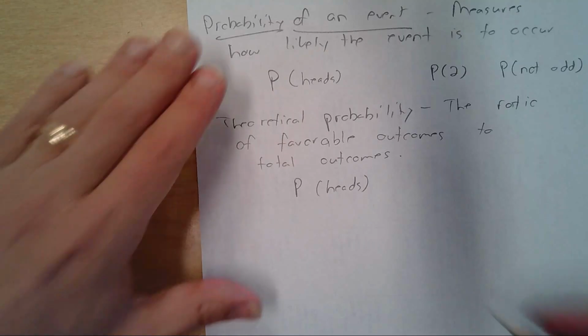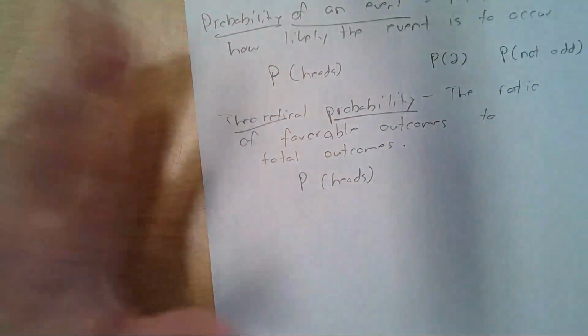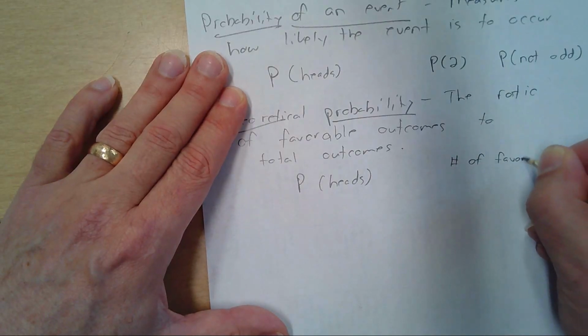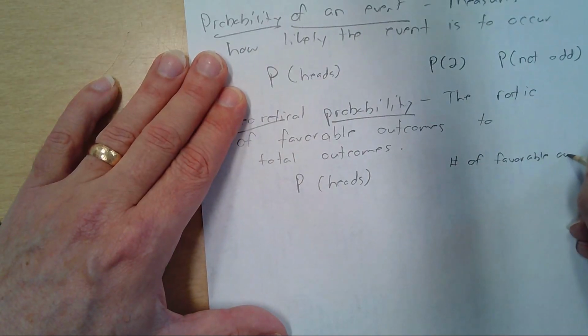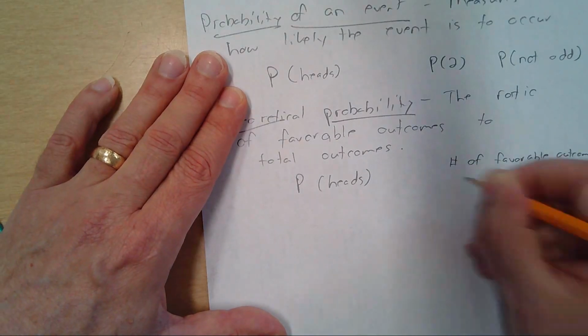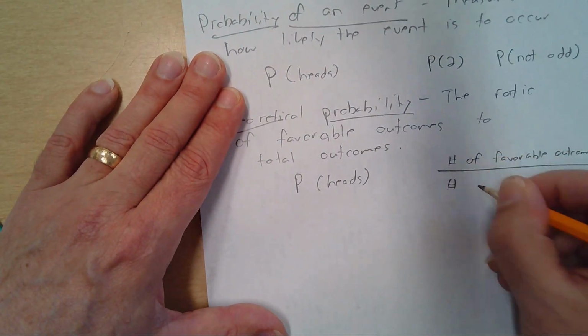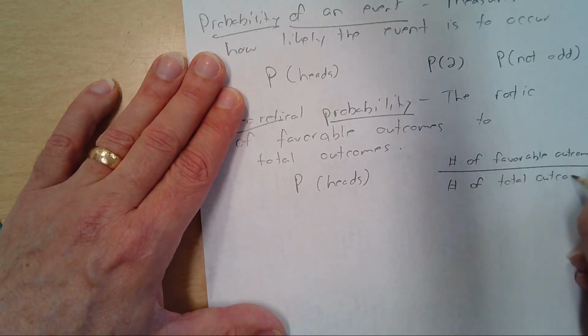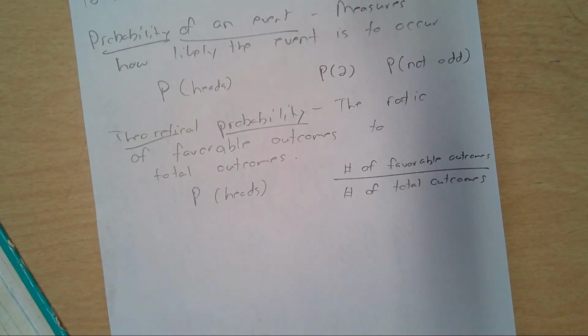If there was a formula per se, this is it. It's the number of favorable outcomes always on top, and then the number of total outcomes on the bottom. So these answers are going to come out in fraction form.